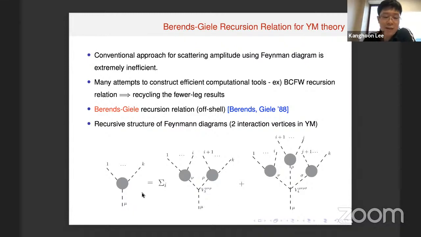So let's consider a scattering amplitude for k+1 particles. This bulb represents some Feynman diagram, and we have to assign the k particles on-shell states, imposing external momenta, polarization vectors, or color factors.